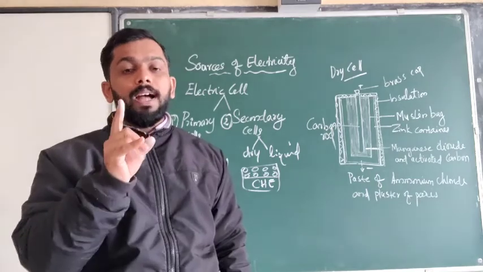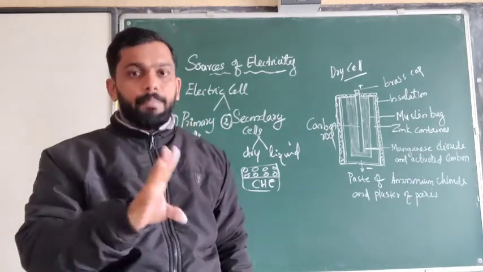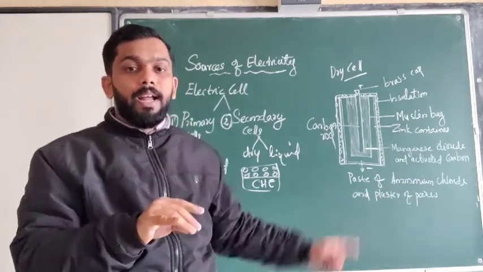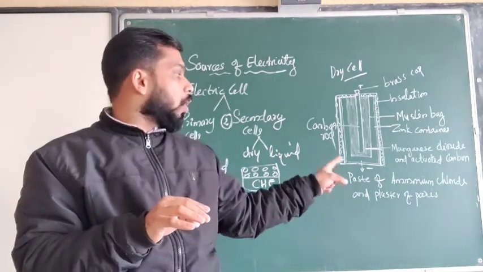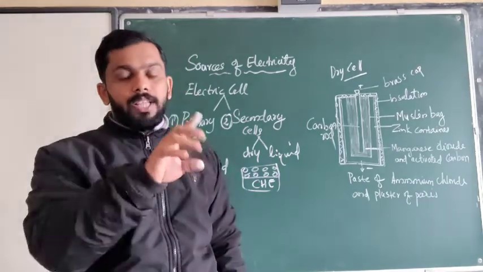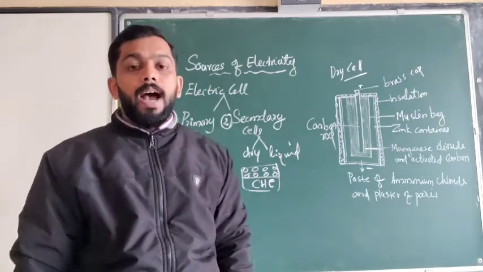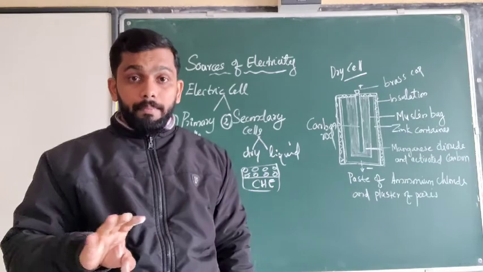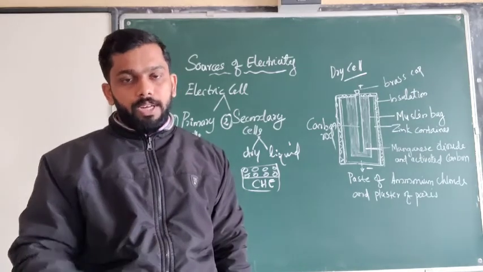Around the muslin bag there is the zinc container portion. Inside that there is a paste of ammonium chloride and plaster of Paris. And three sides of the zinc container are covered with insulation, and the bottom side is not covered because we have to connect the negative terminal.